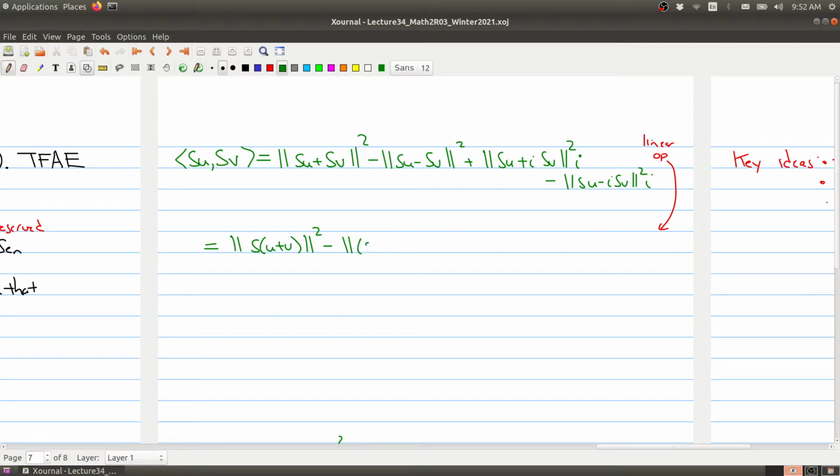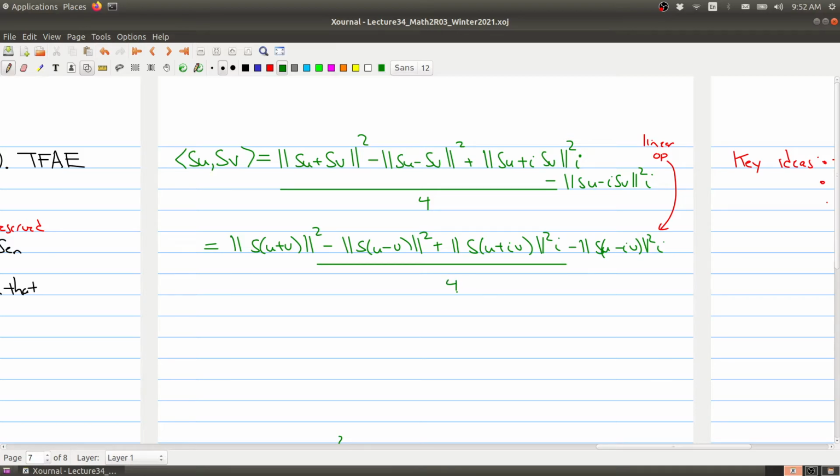And so I can go through and bring in the values, rewriting this using the linear property. Okay, so writing that all out. Oh, and I forgot to put this all over 4, because that should be all over 4. And this is the norm of S(U minus iV) squared times i, all over 4.